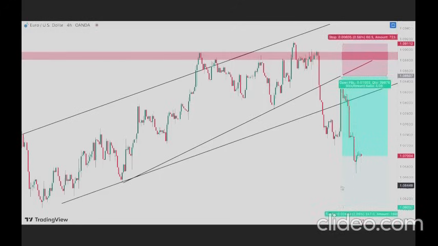So just keep on holding it and making your break even, maybe, or you can put your stop loss in profit.